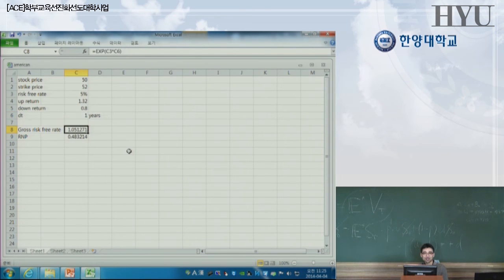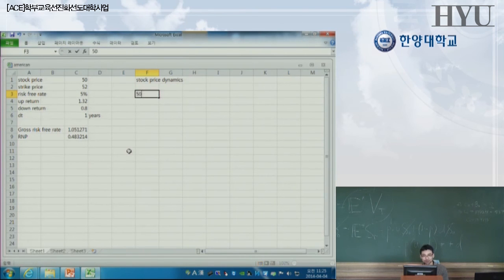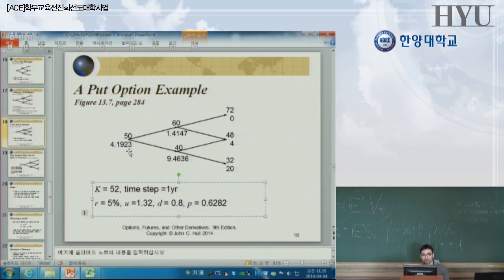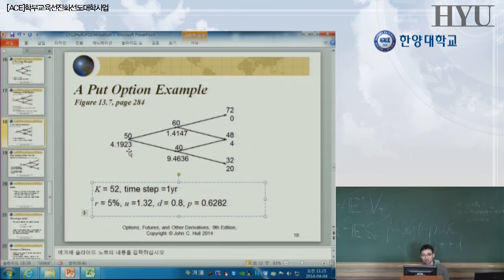So let's write down the stock price dynamics. Stock price starts from 50, so initial is 50. If it goes up, then 50 multiplied by up, 66. This does not make sense, right?